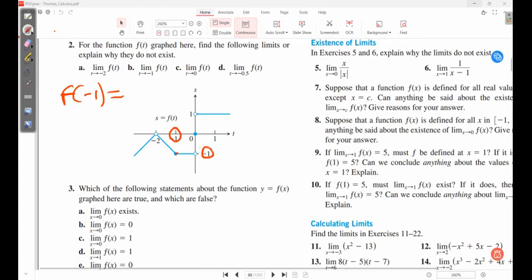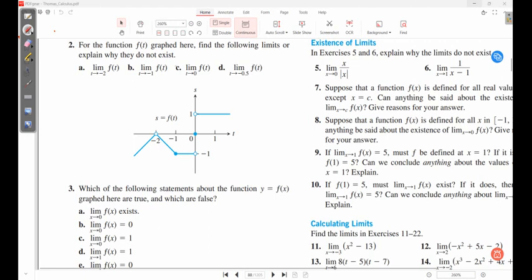It is shaded, so the function exists. What's the limit? The limit is -1. So this is what I said mathematically. For a function to be continuous, the function value and the limit should be the same. So it's continuous.